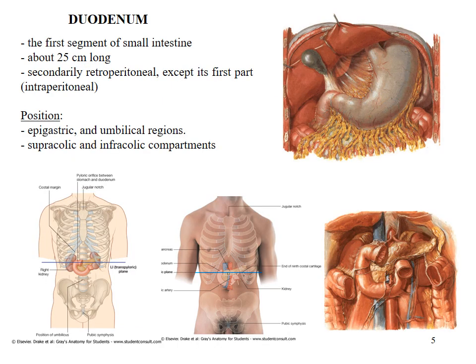Duodenum is the first part of the small intestine. It is about 25 centimeters long.